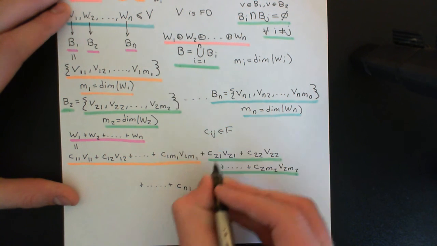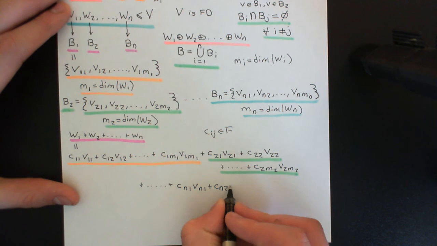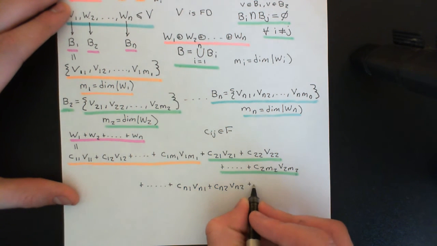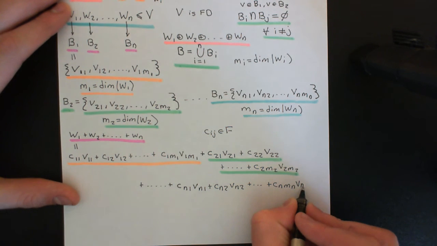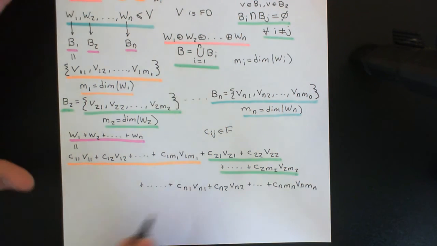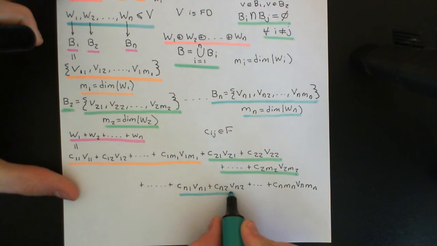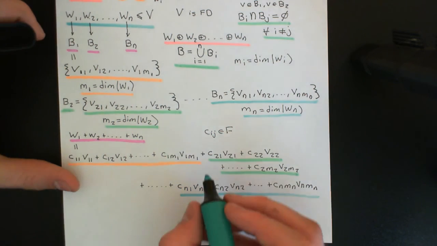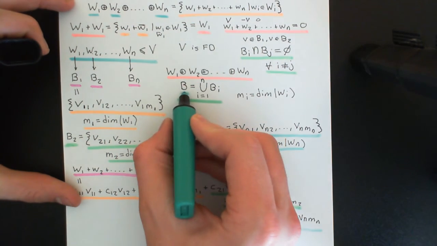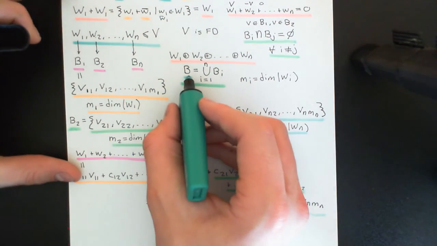We'll get cn1 times vn1 plus cn2 times vn2 plus all the way along to cnmn times vnmn, like so. And of course, what we have now got is a great big linear combination of all of the basis vectors that are in this set capital B here. We have just got a linear combination of all of the vectors that are in there.